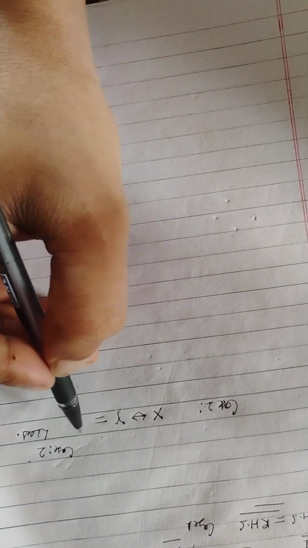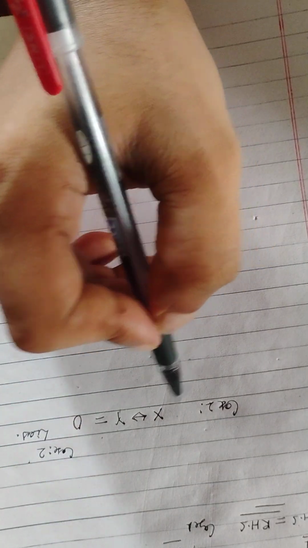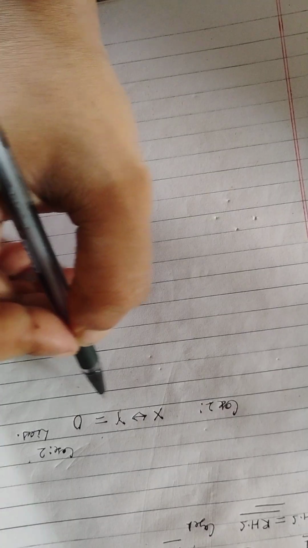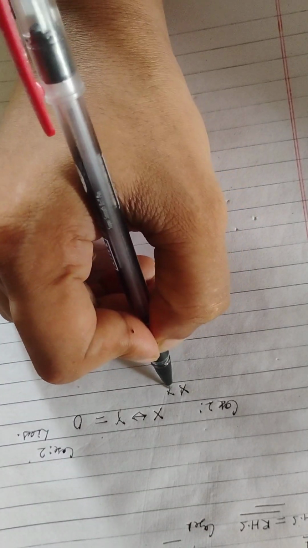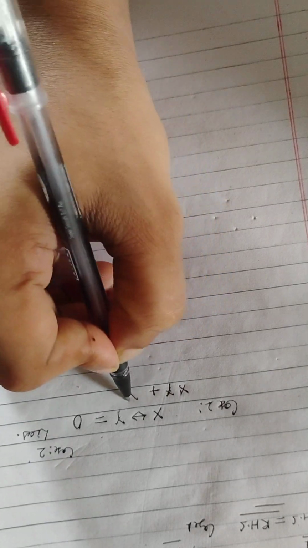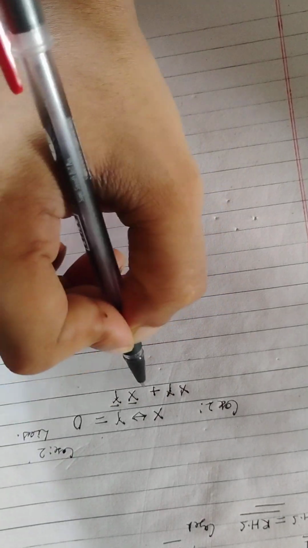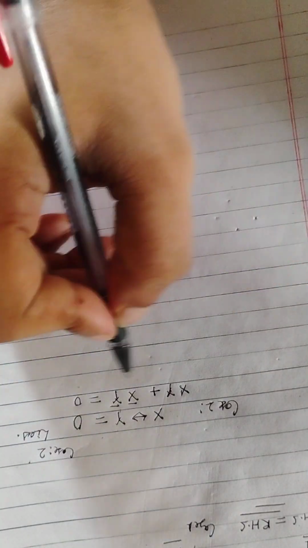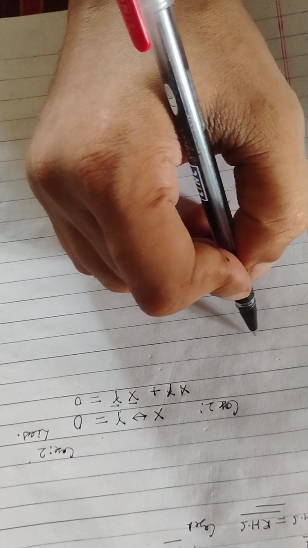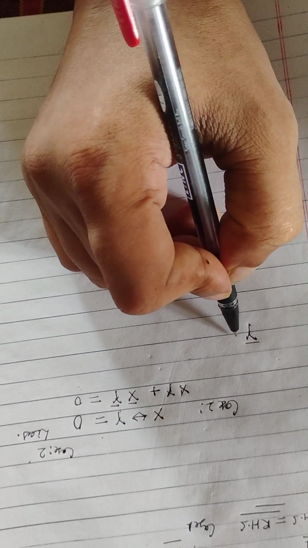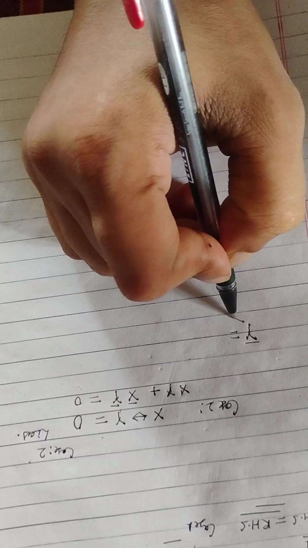So x bidirection y should be equal to 0. Now let us expand this. This should be equal to xy plus x bar y bar, which should be equal to 0. Now what should be the value of y bar? See, what does y denote?